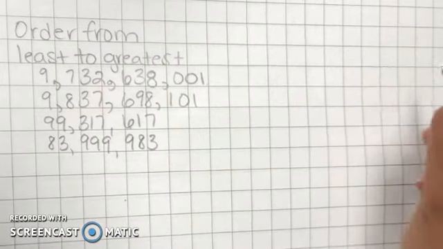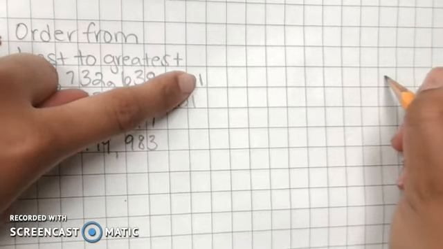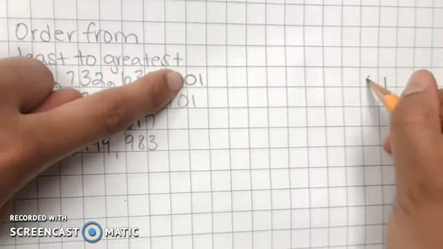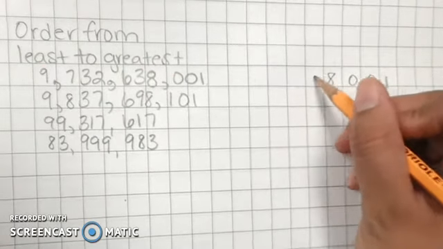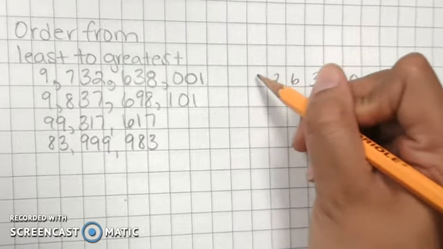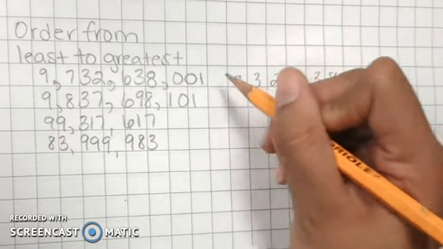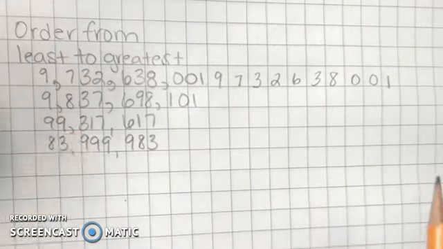So I'm going to go over here and start from the back. So I'm going to write the digits 1, 0, 0, 8, 3, 6, 2, 3, 7, 9. Whoa, look at that, I barely had enough space.